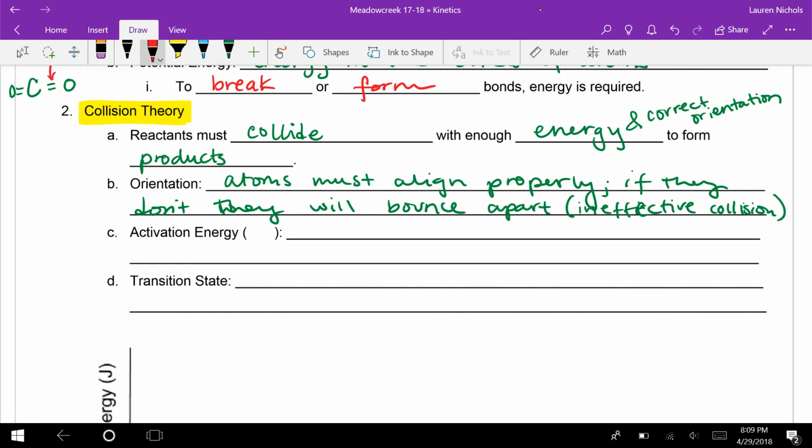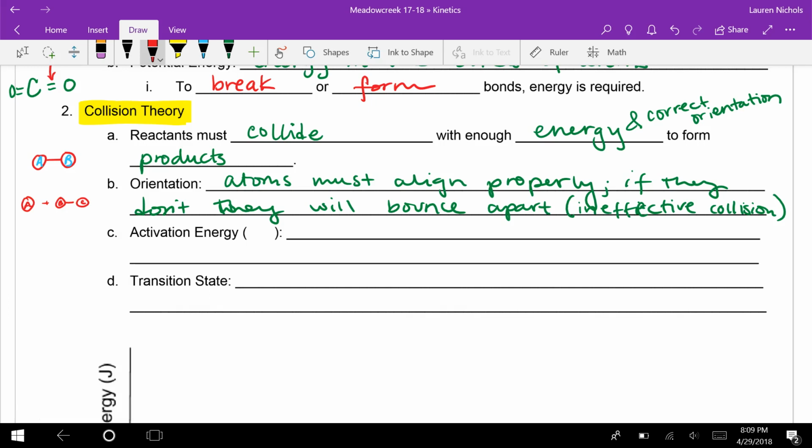So if I have, let's say, two atoms, and one is A and the other is B. That's what I want to make, right? Well, let's say I have atom A, and I have another molecule, but it's BC.